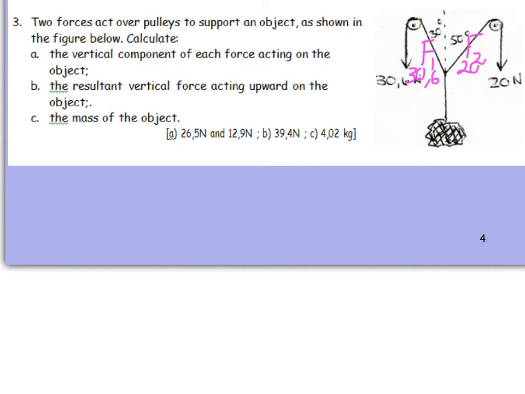I then take a look at these angles and I get the vertical component by saying I am interested in the adjacent side. So I'm going to use cos.